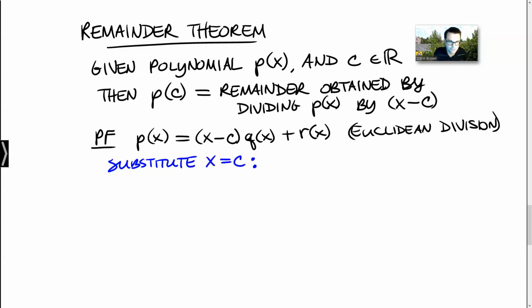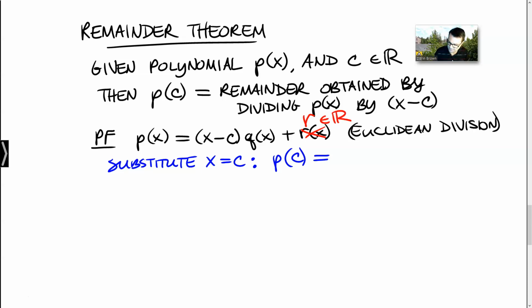What does this equation become when you substitute x equals c? It becomes p of c is equal to, oh, and by the way, this r of x, we actually know that it has to be a number. Why? Because the divisor is a degree 1 polynomial, and the remainder has to be smaller degree. That means it's degree 0, a constant, or 0. So this is actually just r, a real number.